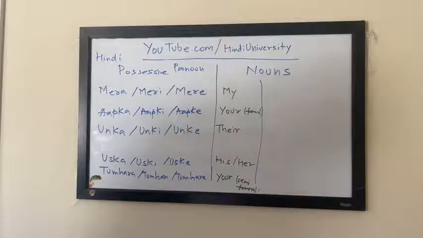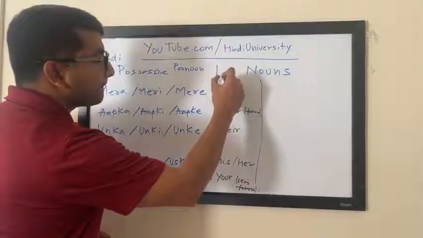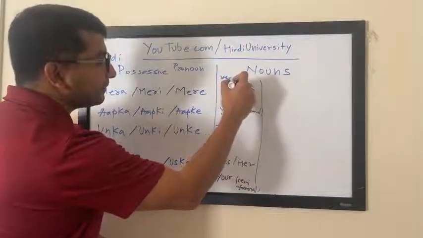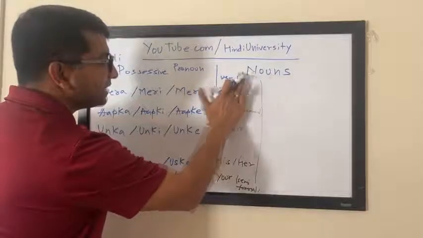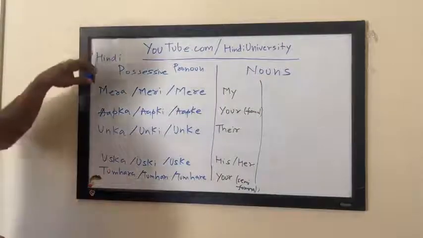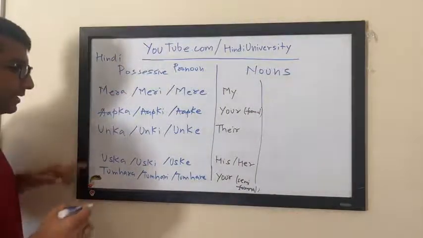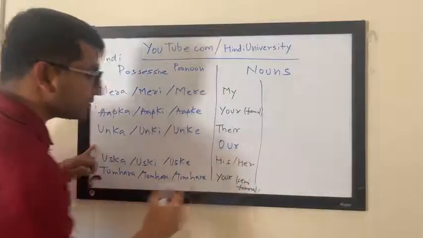What is we in Hindi? Hamara. Very good. So we is hum. Okay. So I'm going to come to you as well. You want to share? As you know all the possessive pronouns now, right? You want to come up with a possessive pronoun that is our.